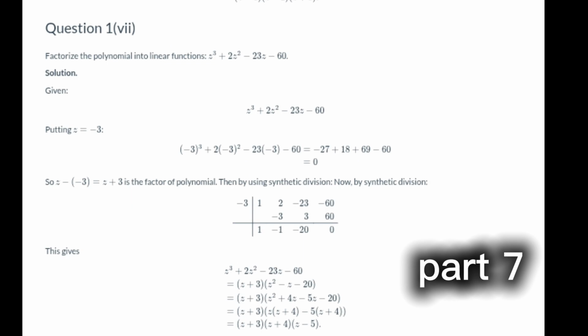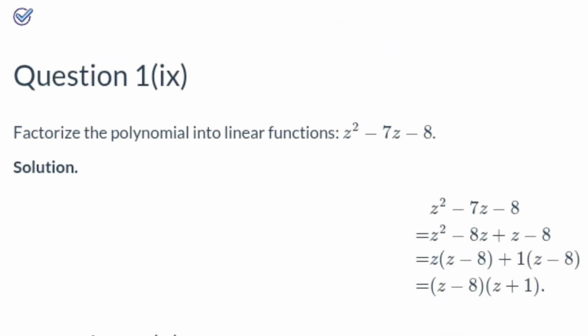Factor quadratic. We factor the quadratic into (z - 5)(z + 4). Final linear factors. The solution is (z + 3)(z - 5)(z + 4).